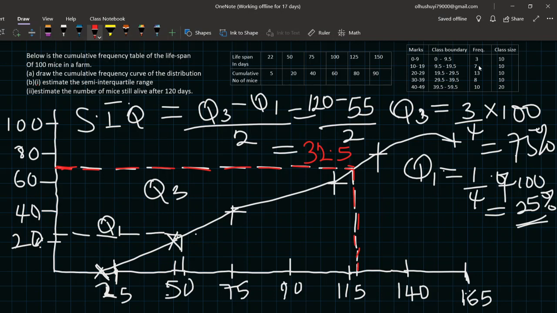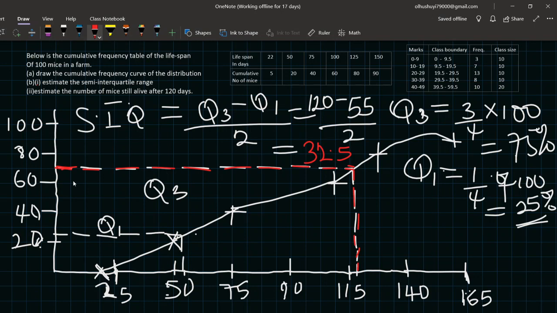The cumulative frequency for the second class interval is 10. How do we know the frequency for that class? You subtract the preceding class. So you remove 3 from 10, you have 7, and that will be the frequency for this class.